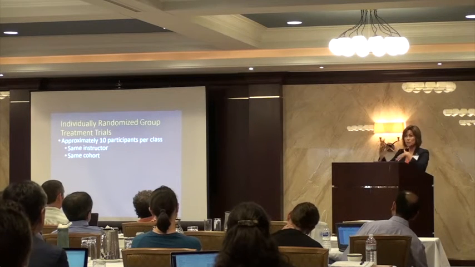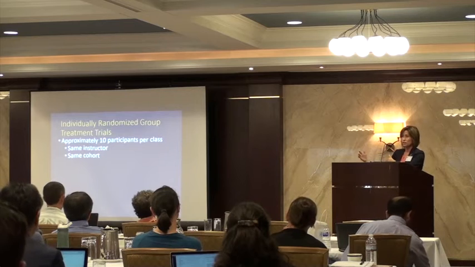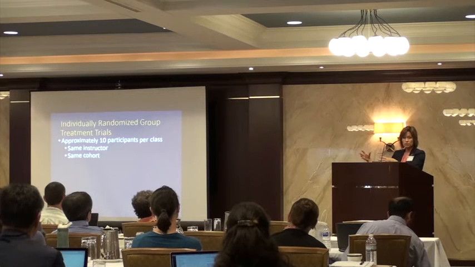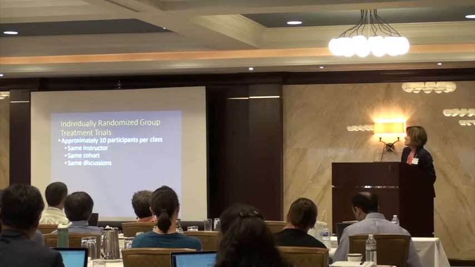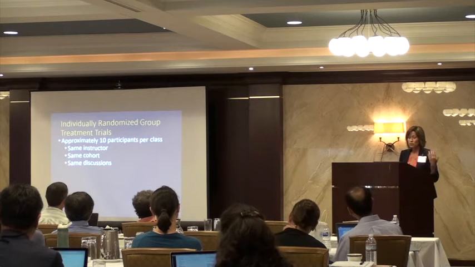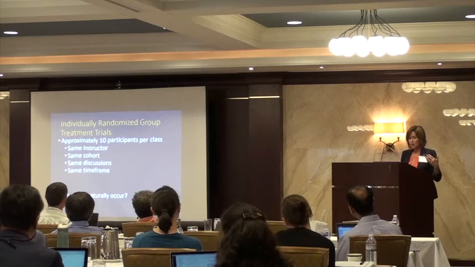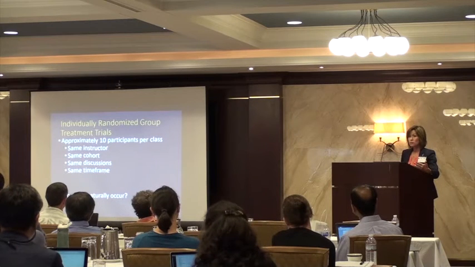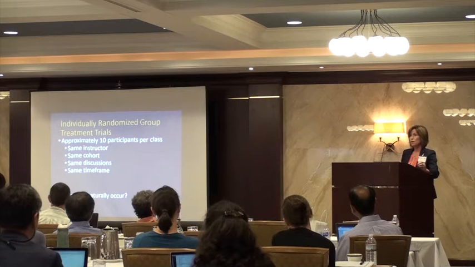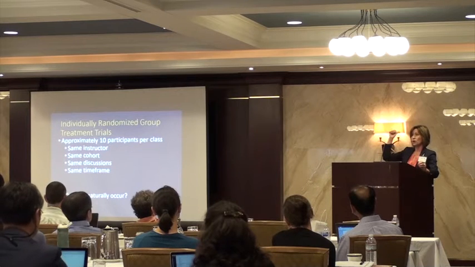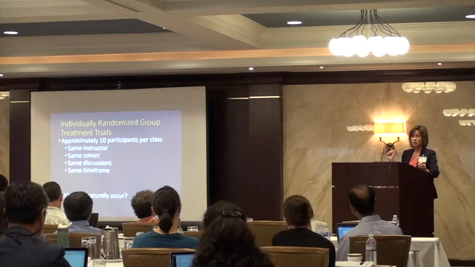So they're not mixing and mingling and dropping into whatever session is available. They're cohorted through. They have the same discussions. They're focusing on similar things, same questions come up, same time frame. And so what naturally occurs is you might expect that their outcomes might be more similar than maybe someone who's in another cohort coming up behind them.